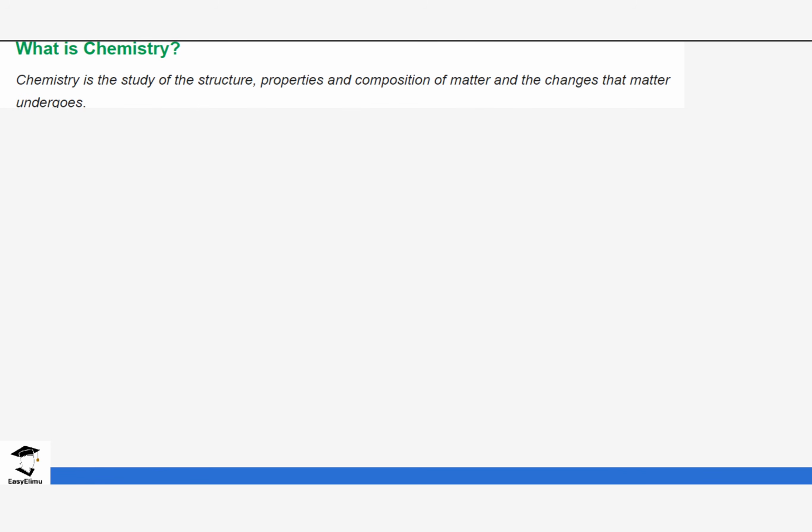So, matter. Chemistry is the study of the structure, properties, and composition of matter and the changes that matter undergoes. So, we are going to be studying in chemistry as a whole the structure of matter, and we're also going to look at different properties of matter and what matter is composed of and the changes that matter undergoes.